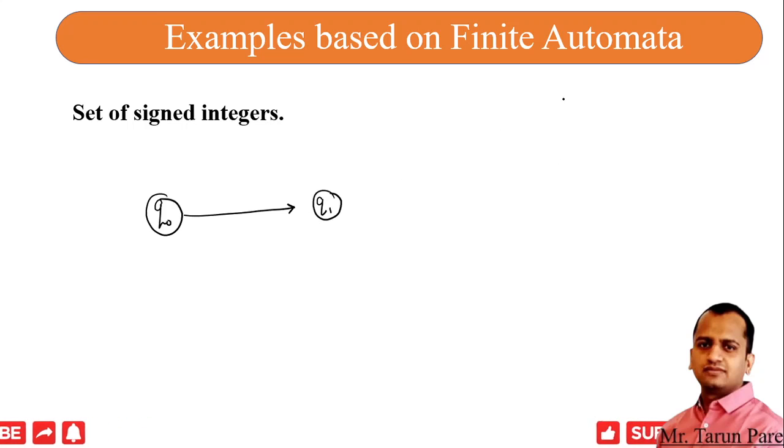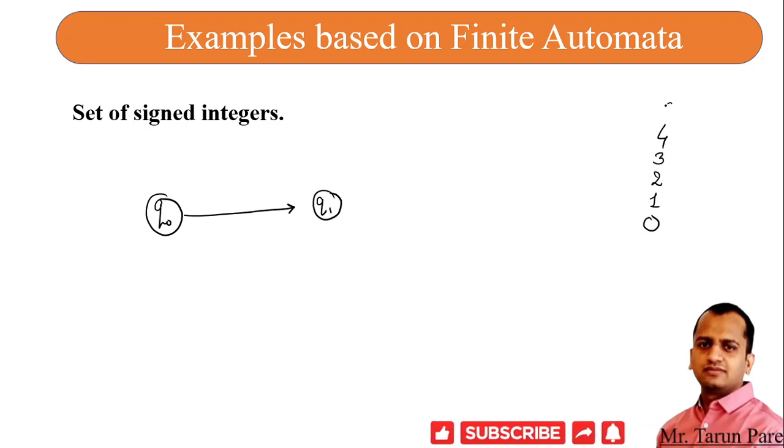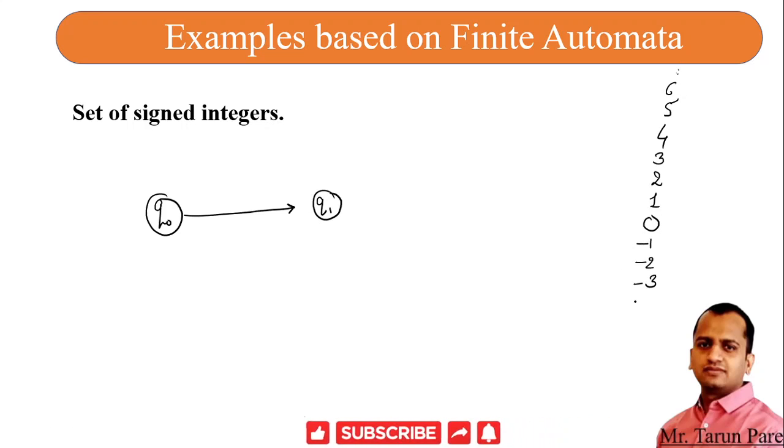Signed integers are the integers which range from 0, 1, 2, 3, 4, 5, 6 up to any number, and from -1, -2, -3, -4, -5 up to any number.